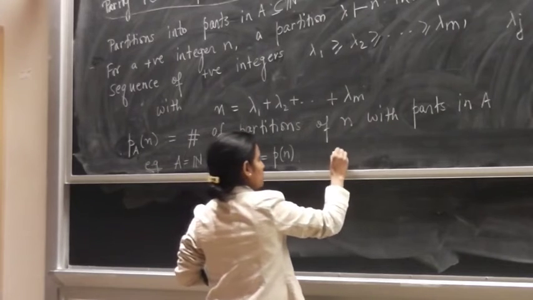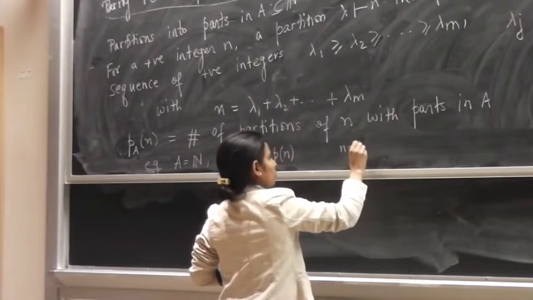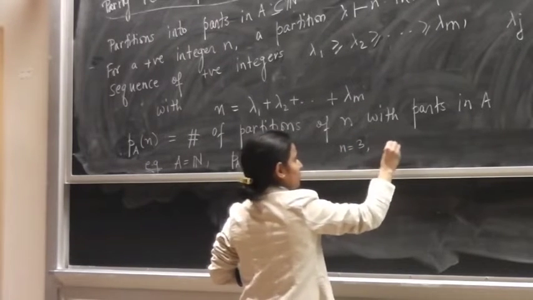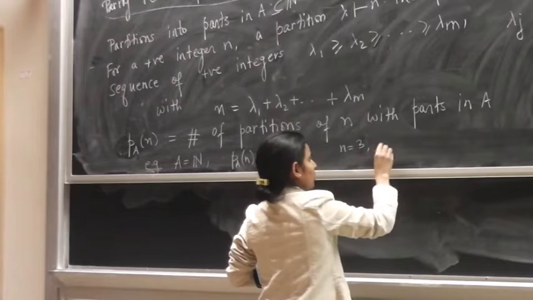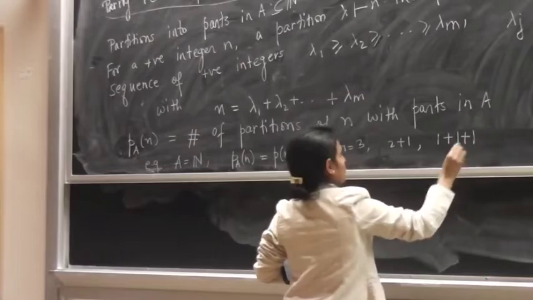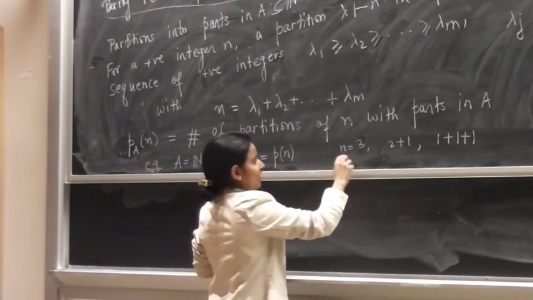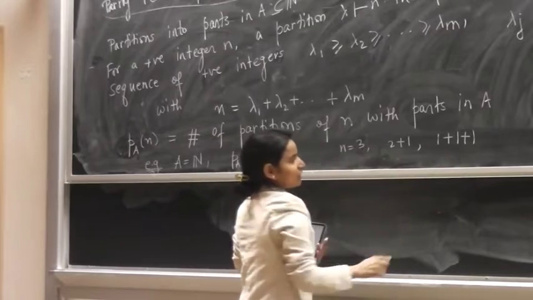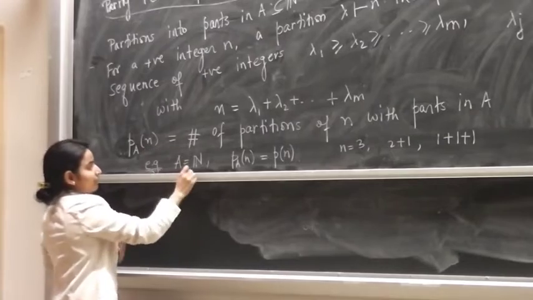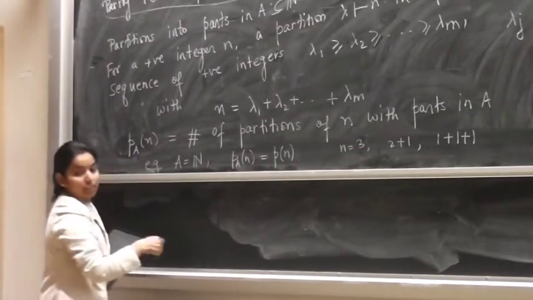For example, let's take a small n, say 3. You can write 3, you can also write it as 2 plus 1, and you can also write it as 1 plus 1 plus 1. You shouldn't get confused that because there is 3, you have exactly 3 partitions. It's not true that P of n is equal to n. In fact, this function grows exponentially as n grows.